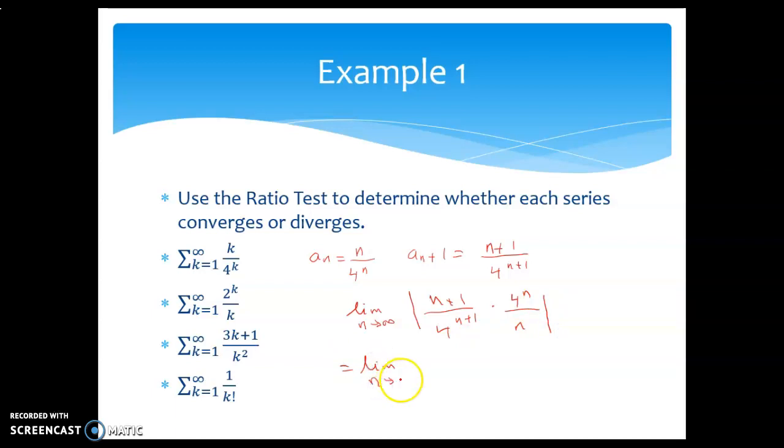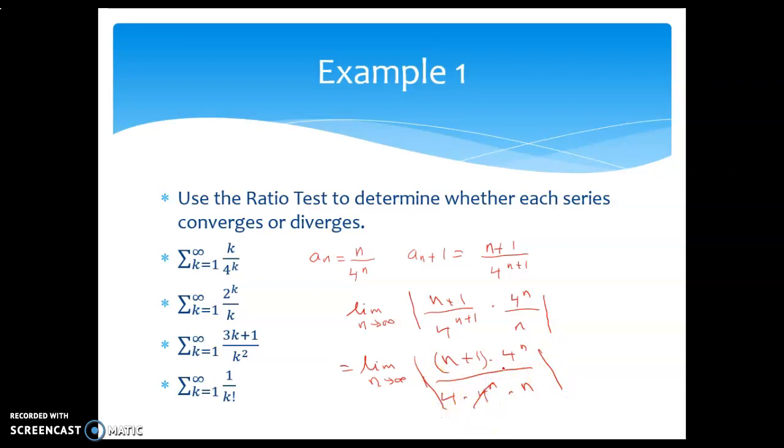Limit as n goes to infinity of n plus 1 times 4 raised to the power of n over 4 times 4 raised to the power of n times n. The absolute value of that.